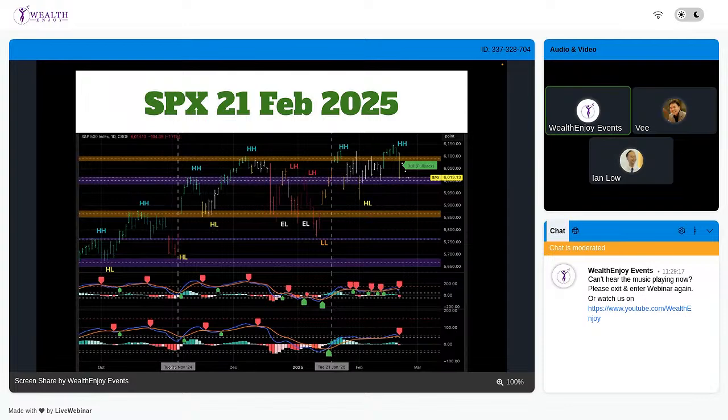But it's not saying that there's a crash or what. It's just that the uptrend may have paused, right? So we will need to see whether we can form a higher high on the chart or a lower high on the chart. Then we can tell whether the SPX is going further up or not. All right, so let's move on.